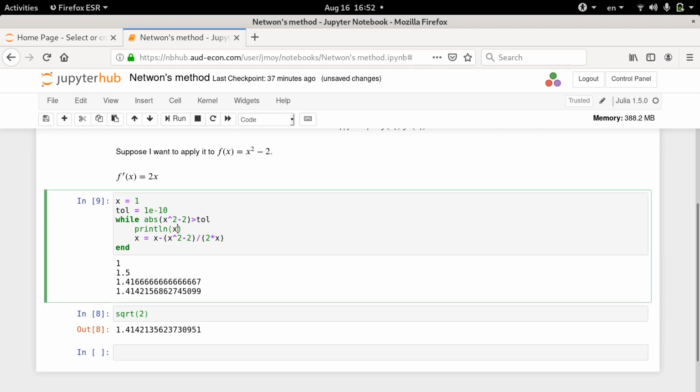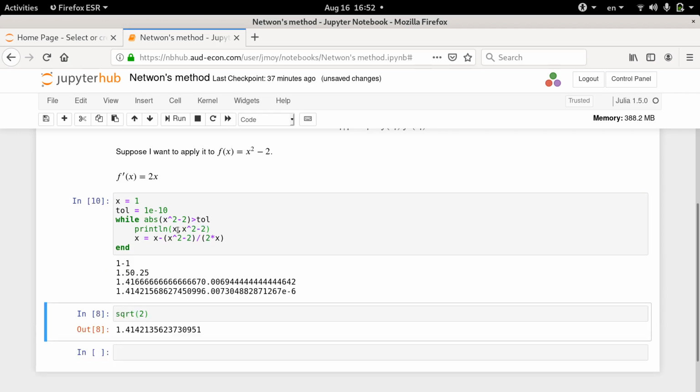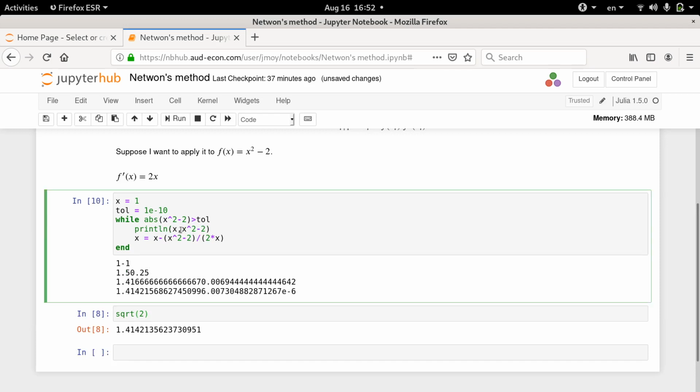In fact, let's print both these values. Let's print x and also print x squared minus 2, and let's run this again. I'm printing a space in between. Remember that within quotes you get a string, which is text, so the text is just a space. Or let's even put a comma here, to make the separation even clearer.